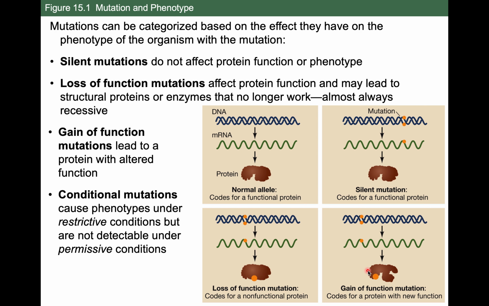Say maybe the enzyme, the protein functions normally above a certain temperature or below a certain temperature, just as one example. But if you cross that particular temperature threshold, now the protein doesn't work properly anymore. Whereas a normal version of that protein would work properly on either side of that particular temperature threshold. So that's a possibility as well.